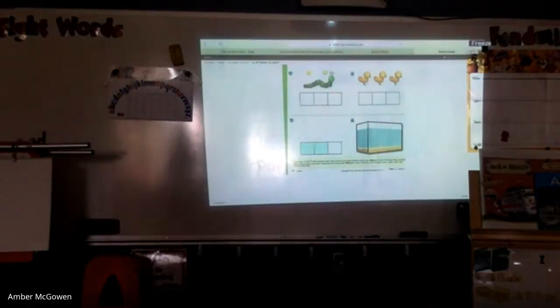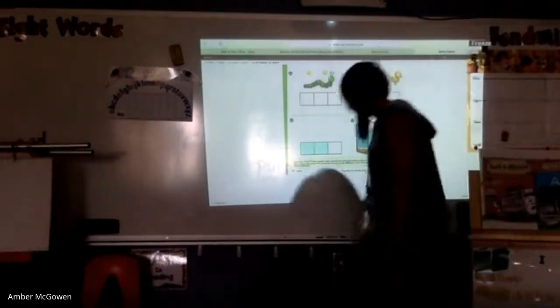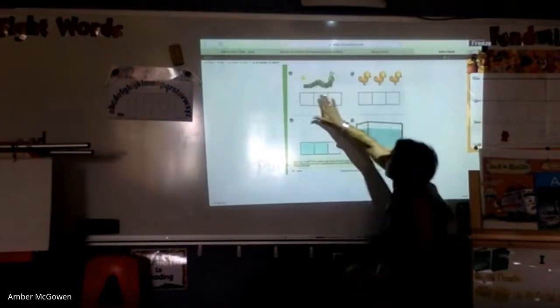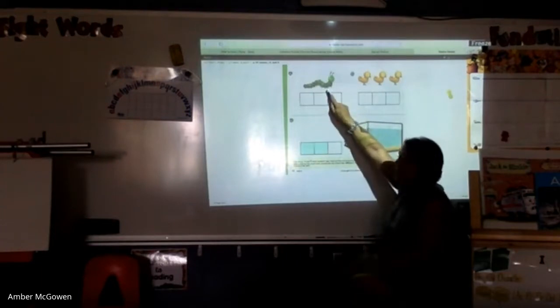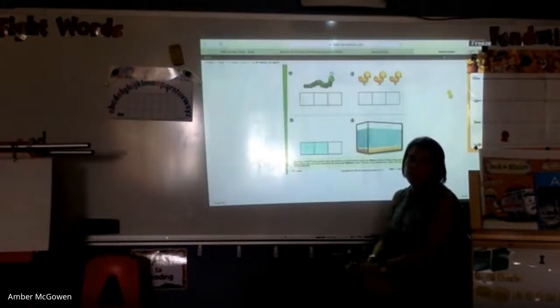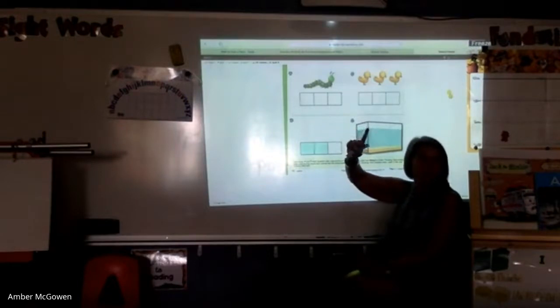All right. So on these, we're doing about the same thing. I circled this. All right, so how many caterpillars do we have? One. So how many boxes do you color in? One. You have one caterpillar, how many boxes?